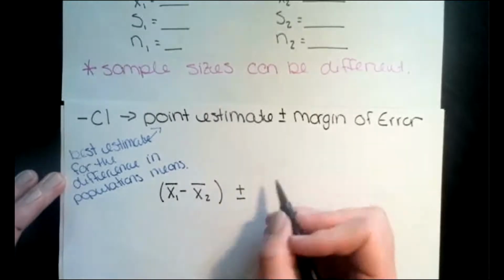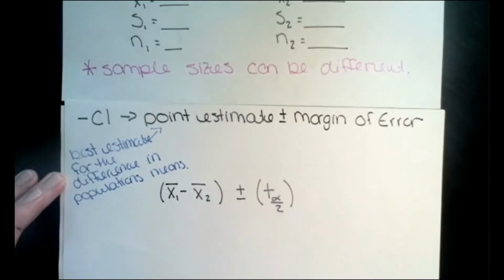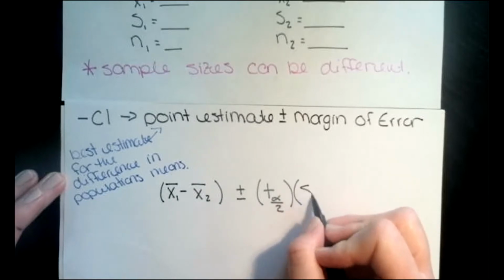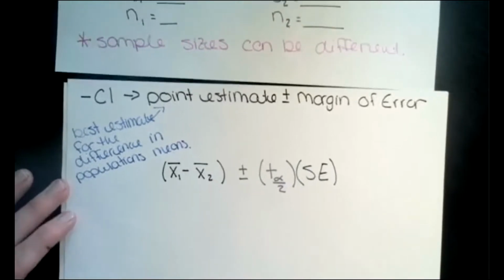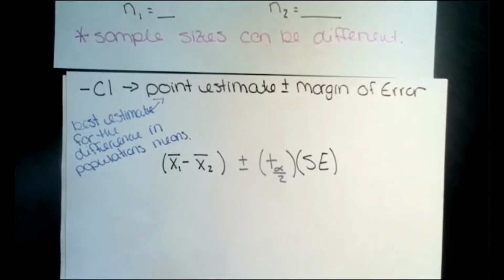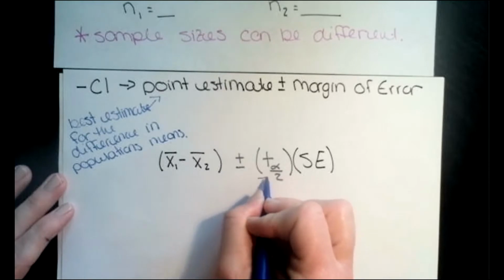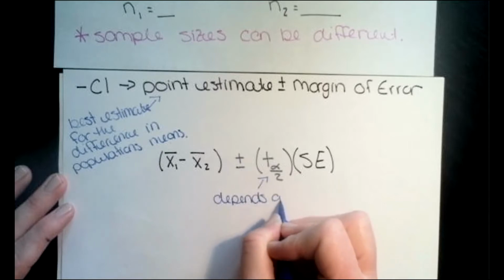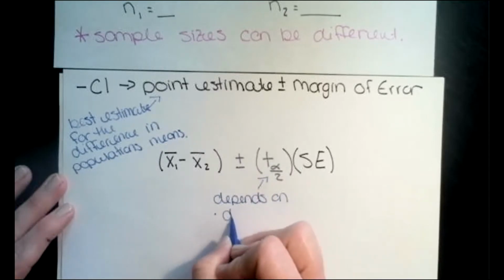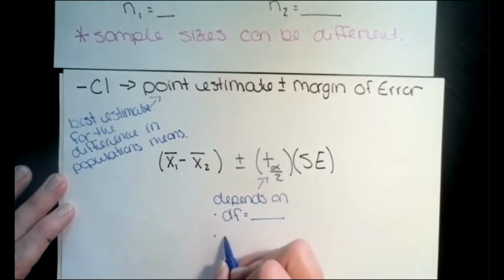This is going to look similar to last class: it's my T at alpha divided by 2, which is my location, times my standard error. This T value depends on a couple of things. It depends on my degrees of freedom, and it also depends on my confidence level.